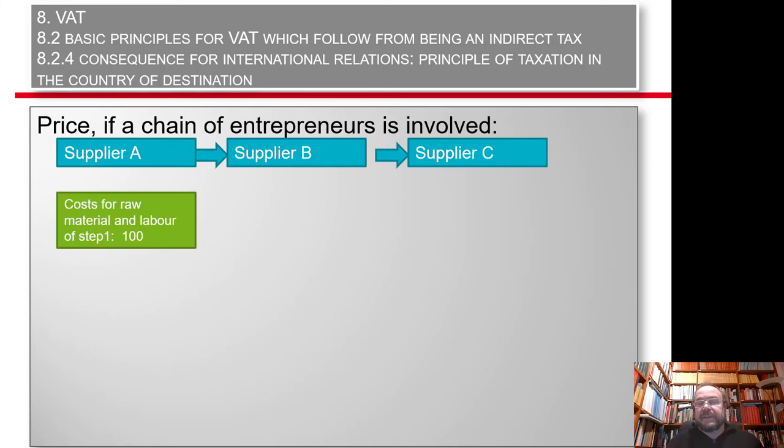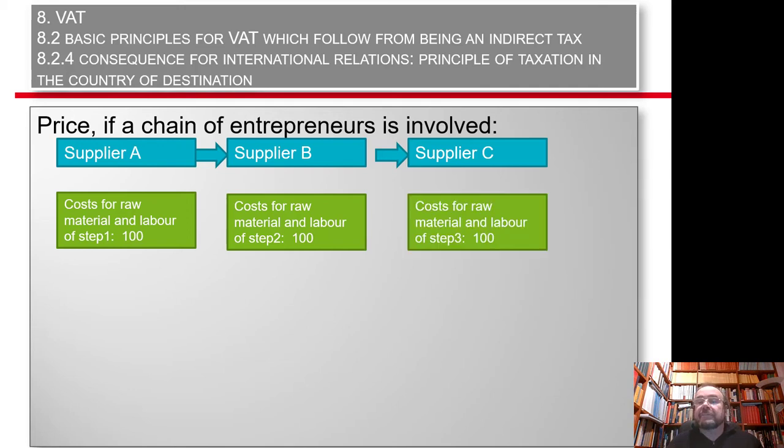So supplier A is meant to have costs of 100 for material and labor. By the way, we just assume that for every step of production here for supplier B and C equally. That's just a simplification or an assumption. With other figures, it also works the same way. So costs for raw material and labor, step 2, 100. Third step of production, 100.